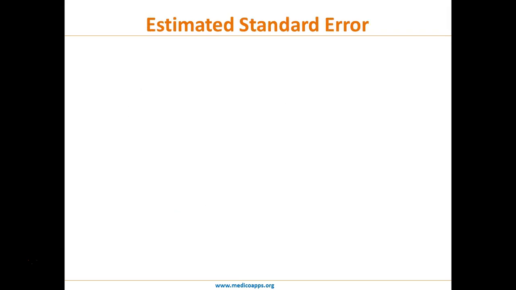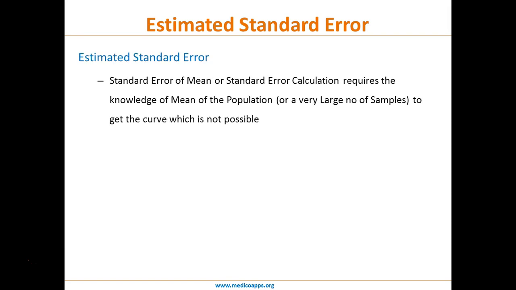There is something called estimated standard error. We know that the calculation of standard error of mean requires knowledge of the mean of a population or a very large number of samples to get the curve. In our original example, we drew a pack of 5 cards out of 100 and plotted the mean.